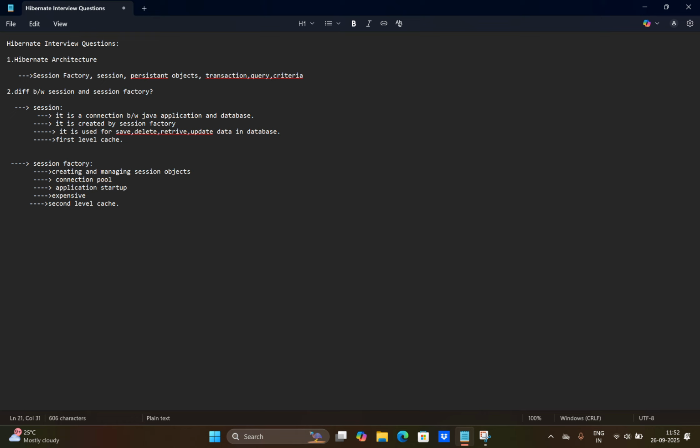While coming to the session factory, it is a shared cache that stores objects across multiple sessions. Actually, the difference between the first level cache and the second level cache is also an important question: What is the difference between first level cache and second level cache?